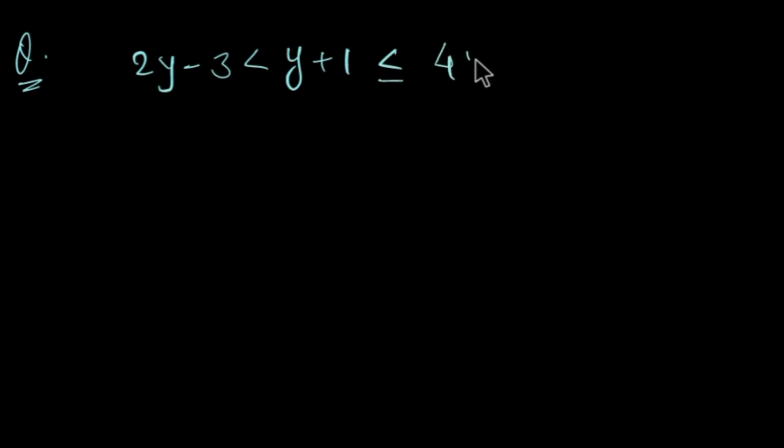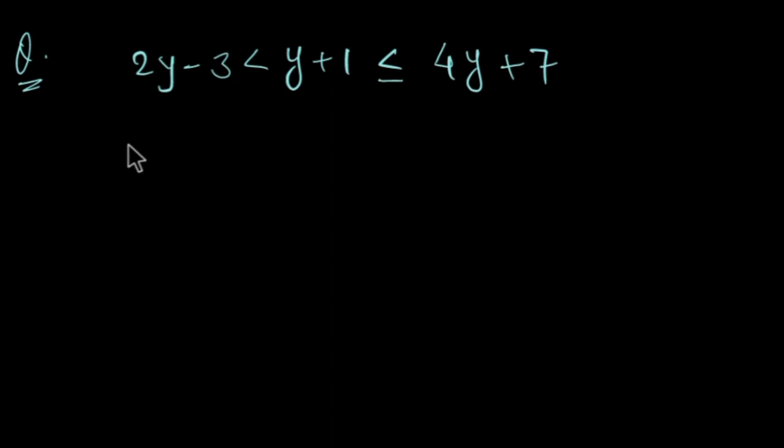Now we take another question, one with three inequations: 2y minus 3 less than y plus 1, and this less than or equal to 4y plus 7. So what are these numbers?